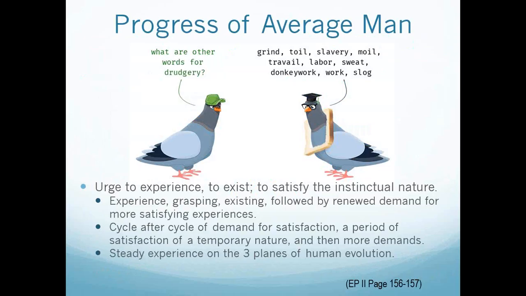There are intense periods of experience, of grasping for things, of just plain existing. These are followed by renewed demand for more satisfying experiences, or chasing fate or destiny. We go through cycle after cycle of demand for satisfaction, a small period of satisfaction before we realize it was temporary, and then further demands, and the cycle begins again as we steadily pursue life as we know it on the three planes of human evolution.